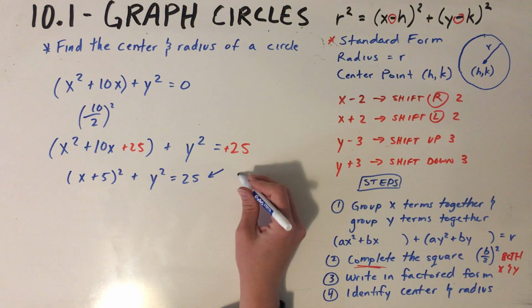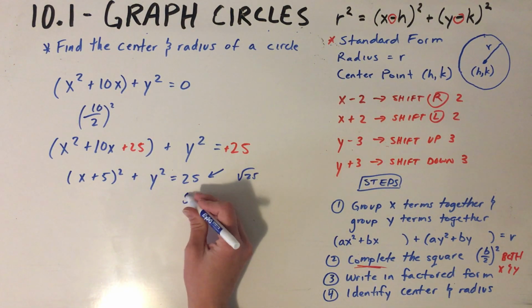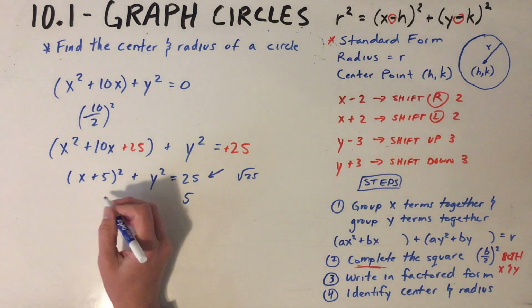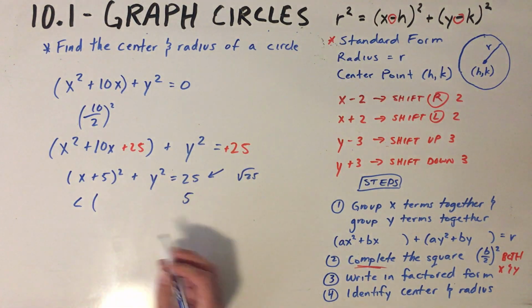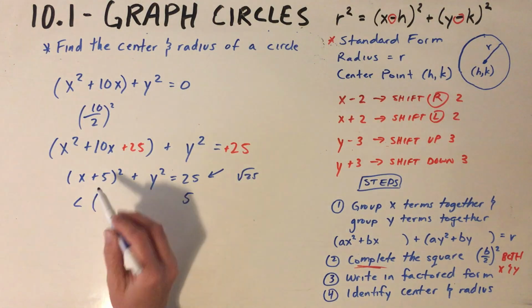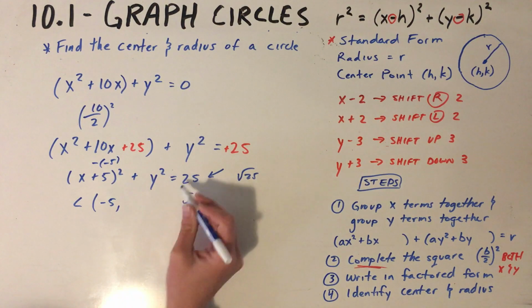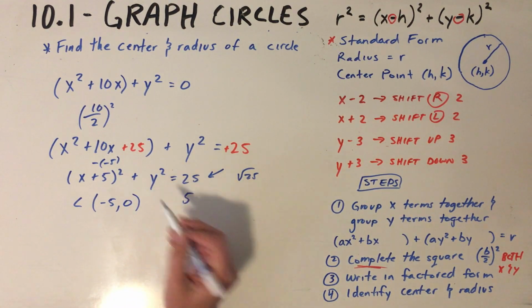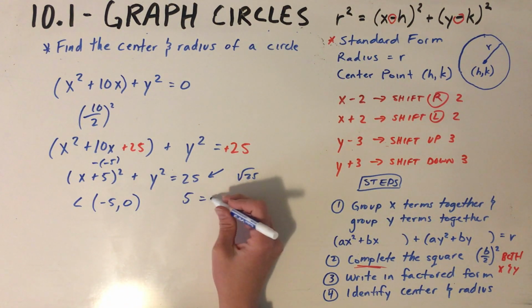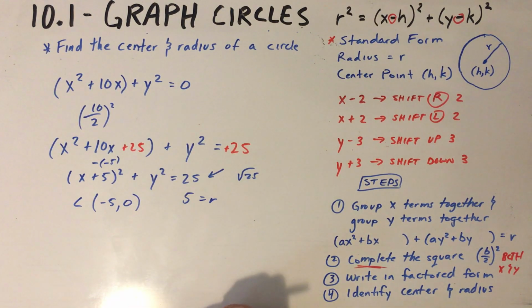The square root of 25 is just going to be 5, so our radius here is 5 again. And our center point is going to be, again, the opposite here. This is minus a -5, so the value of h is -5, and the value of k is 0. We didn't move at all in the y direction. So we have a radius of 5 and a center point of -5, 0.